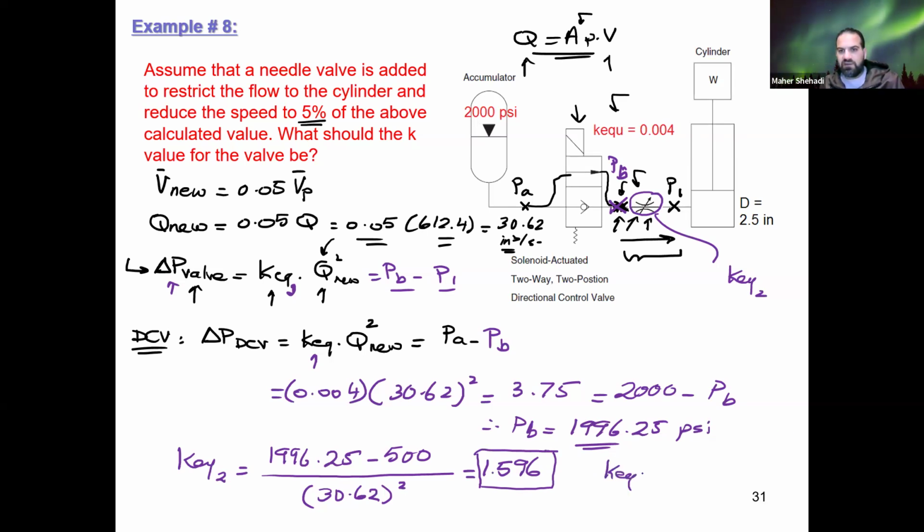K equivalent is 1 over K squared. Therefore, K for that valve is 1 over K equivalent under the square root.